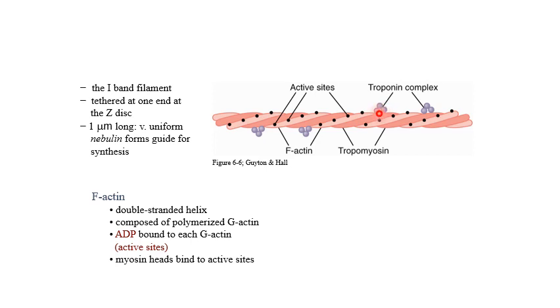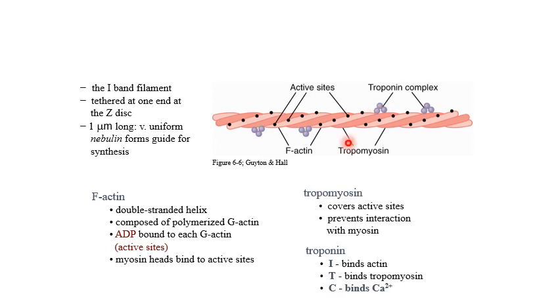Now, what do you have in the troponin complex? You have troponin I, troponin T, and troponin C. These form the troponin complex. I binds with actin, T binds with tropomyosin, and C binds with calcium. Okay, so tropomyosin usually covers these active sites and prevents the interaction with the myosin.